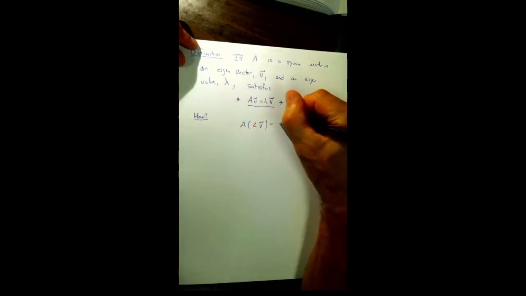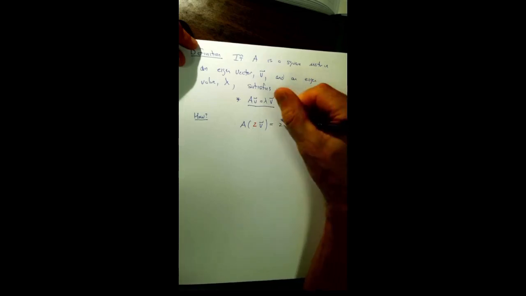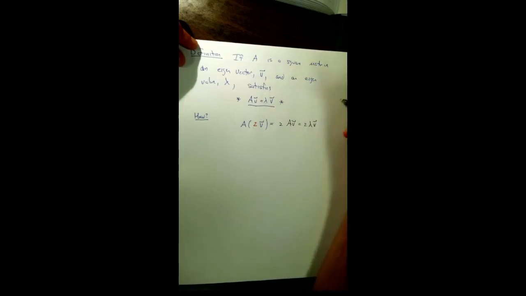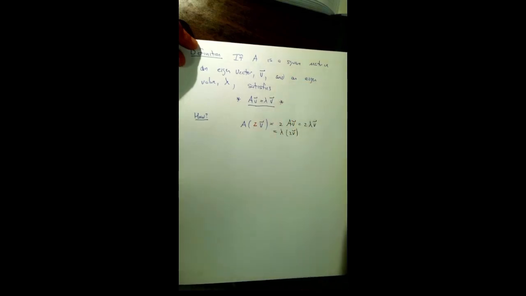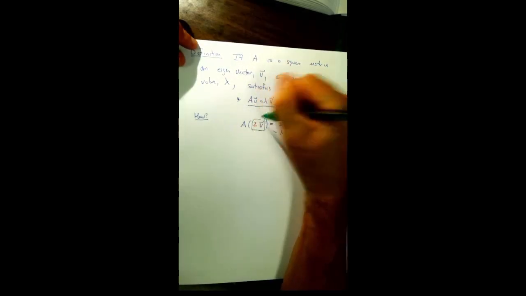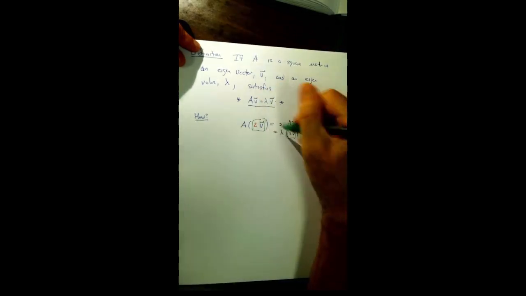Well, that 2 is a constant, so I can pull that out. And by definition, this would be 2 lambda v, or I can call this lambda times 2v. What does that mean? That means this is a solution to this equation, and this is a solution.